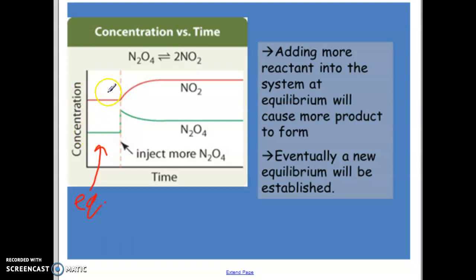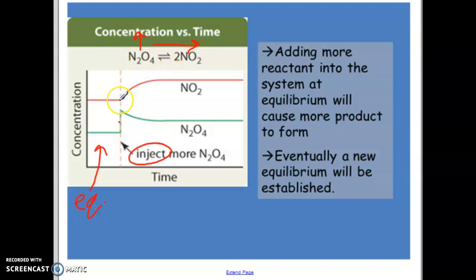So we have equilibrium. All of a sudden, if you notice, there's a big jump up with the concentration of a reactant. So more N2O4 has been added in. So what ends up happening as a result is the equilibrium will shift to try and use up that added in N2O4 to make more product.